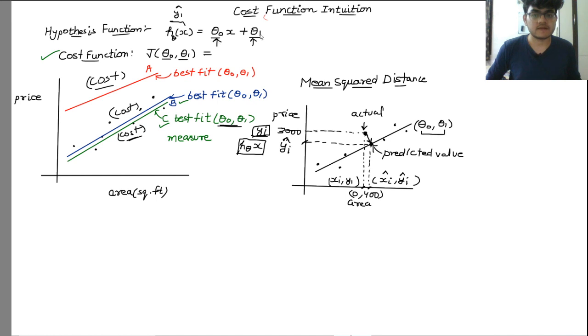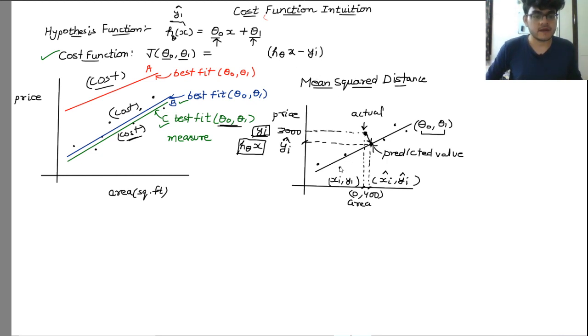Then you have considered theta 0 and theta 1 here, and then you have yi, which is the actual data point. So you will have to subtract h theta x minus yi. So this is the distance.